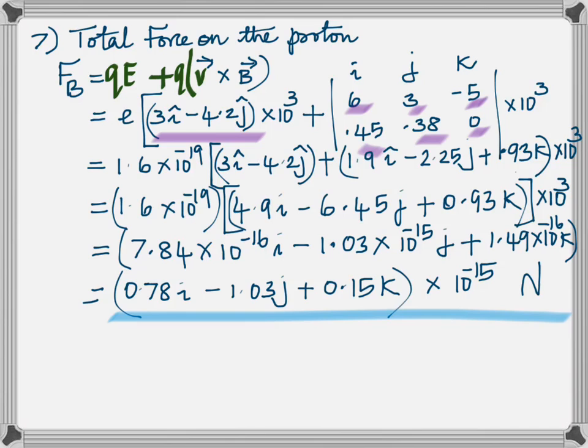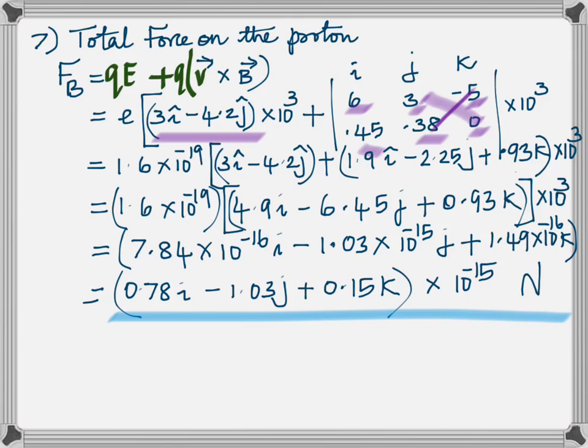Like I said before, you have to refer how to take the cross product of two vectors. It is basically when you find the I, you go 3 times 0 minus 5 times 0.38.